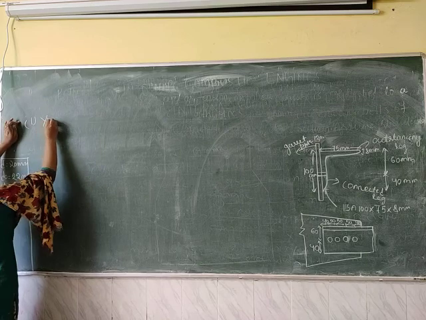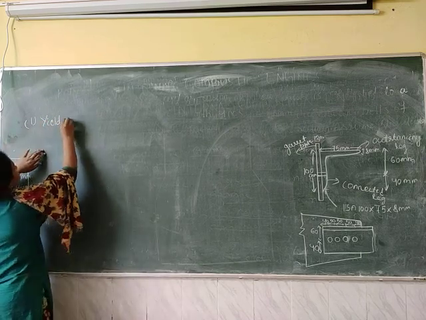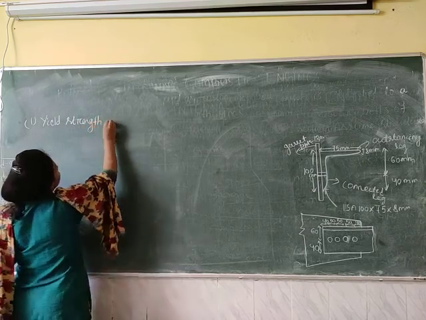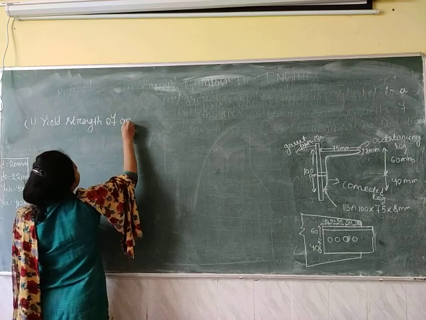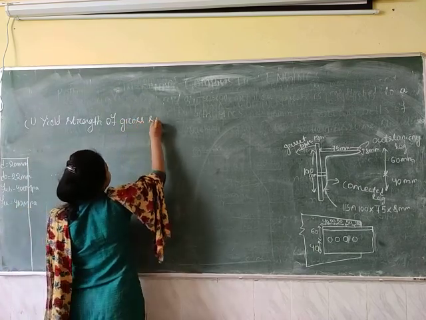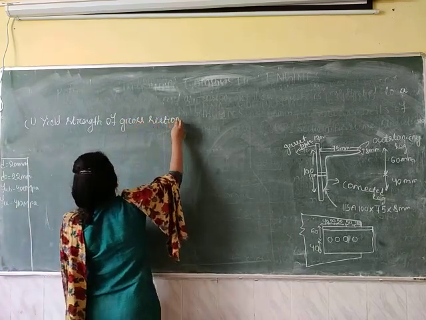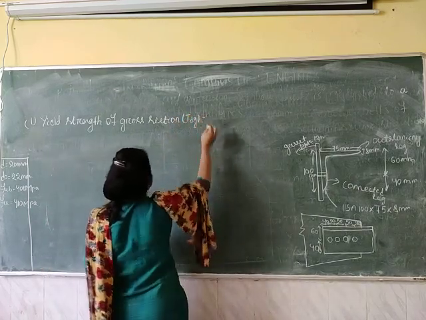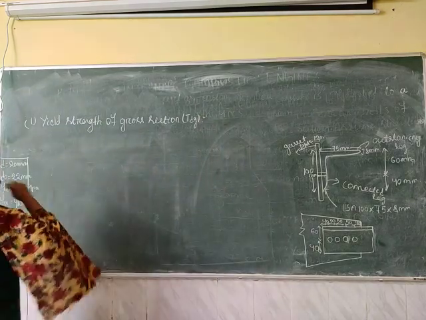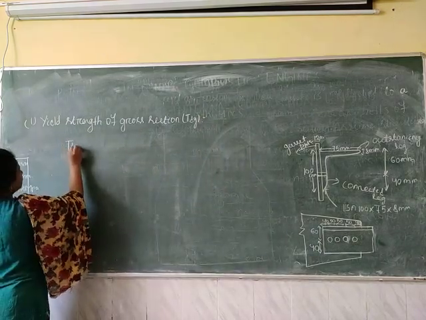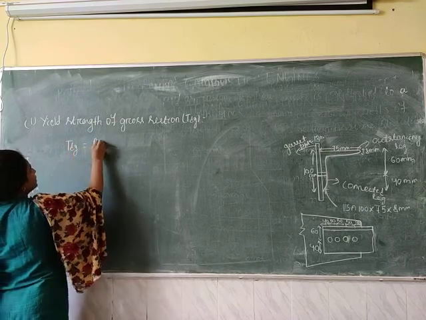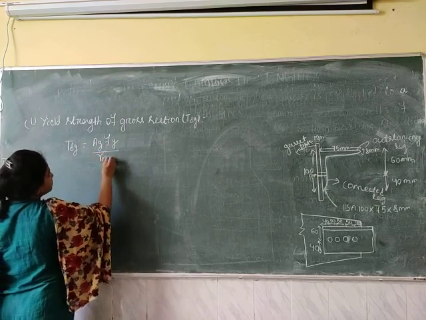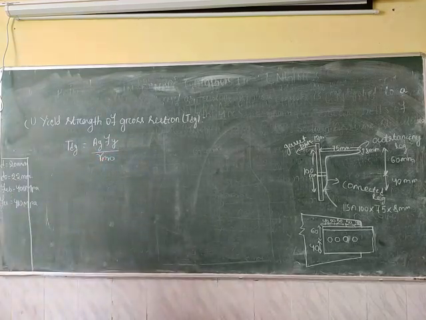The yield strength of the gross section can be calculated by the gross cross-sectional area times the yield stress of the steel material, divided by the partial factor of safety for failure by yielding.